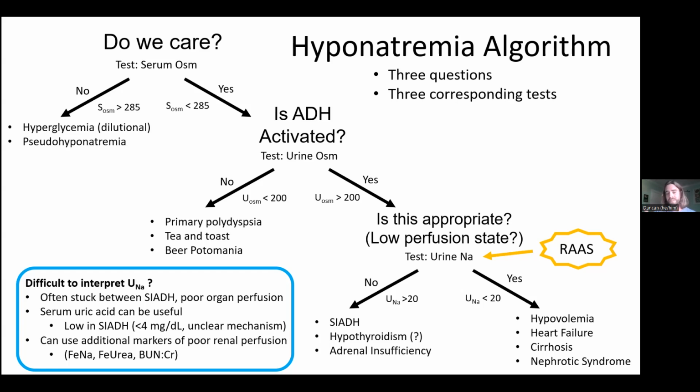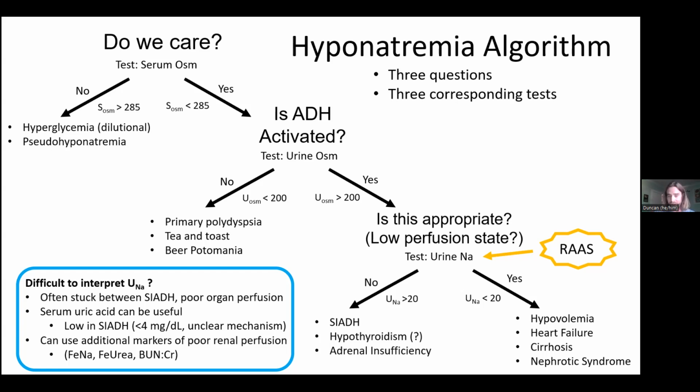And one of the other things that will come with BUN is uric acid. So you can check a uric acid level, and oftentimes in poor perfusion states, the uric acid level will be high. It's also another reason why, if we're treating someone for gout when they're acutely in the hospital and not doing well, the uric acid can also just be in the joint itself, or if there's an AKI and poor perfusion on top of it, it can be a little bit difficult to interpret that value.